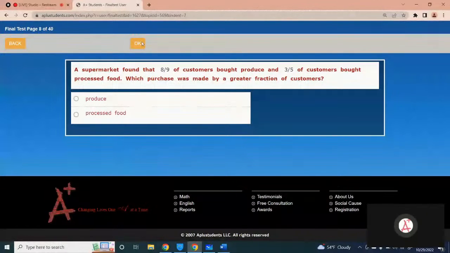So which one is greater? 8 by 9 or 3 by 5? 8 by 9 is greater than 3 by 5, isn't it? That means 8 by 9 is greater than 3 by 5. So 8 by 9 is for the produce. So just select the correct option, then click on the OK button.